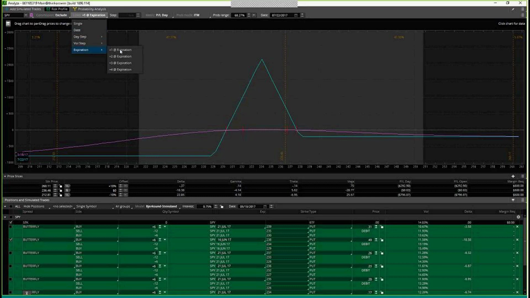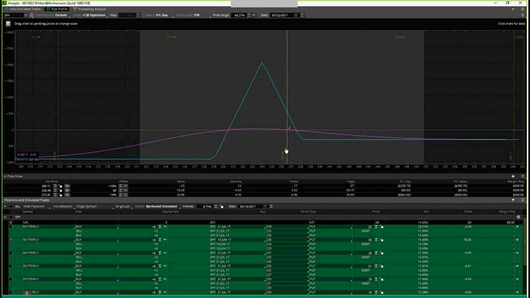And so it becomes more rounded at this point. What are we looking at in this butterfly? Well, yesterday we came down from just under the 240 range. As we moved down, this implied volatility line, the pink line, the T plus zero line, was curved much, much higher.